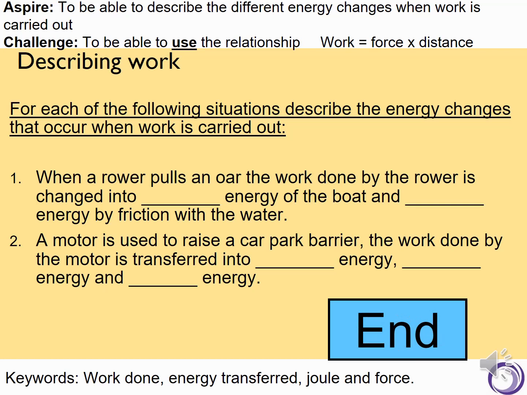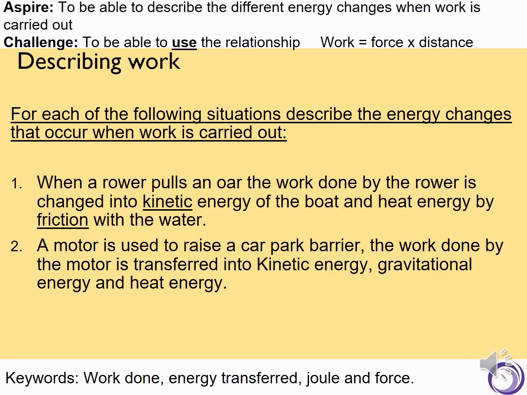Okay, let's look at our answers. I'd like you to fill in the gaps as we go, make sure they're correct. So looking at our possible answers, when a rower pulls an oar, the work done by the rower is changed into kinetic movement energy of the boat and heat energy by friction with the water.